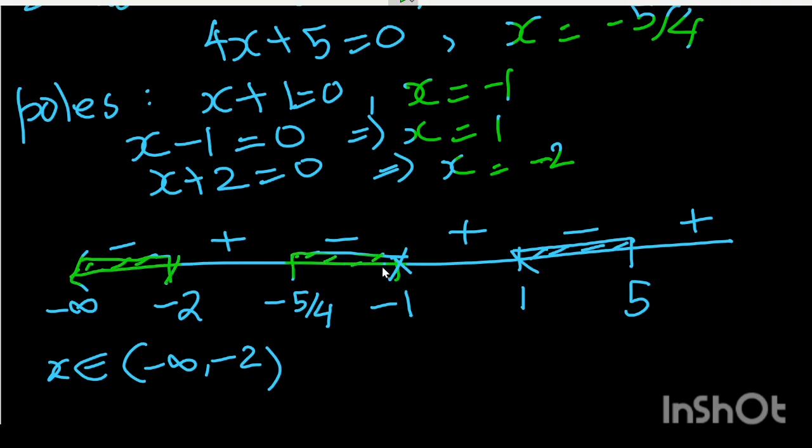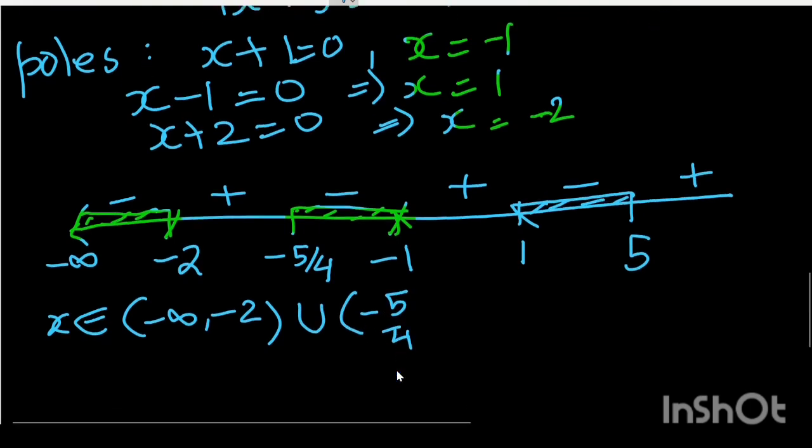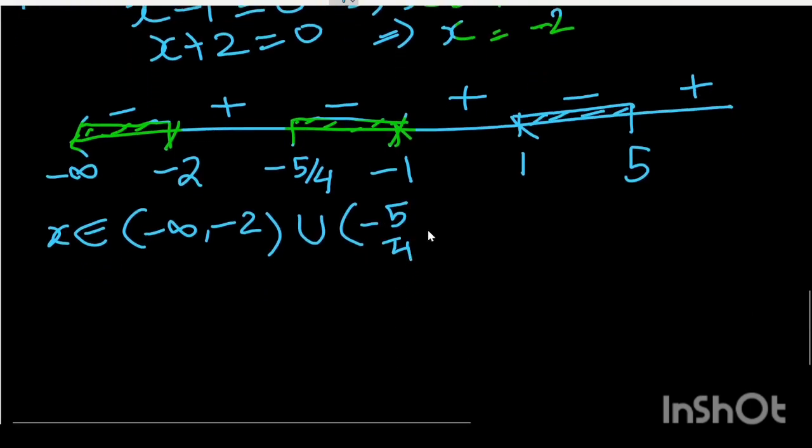Then we will write minus 5 by 4 to minus 1, using this connector, union, the last, which is the 1 to 5 interval, all in open brackets, 1 comma 5 open, would be our final answer, guys.